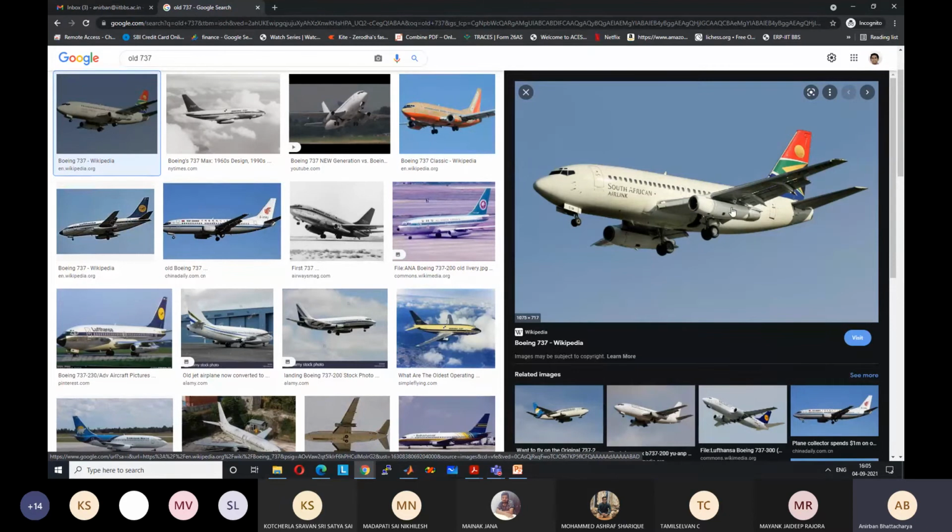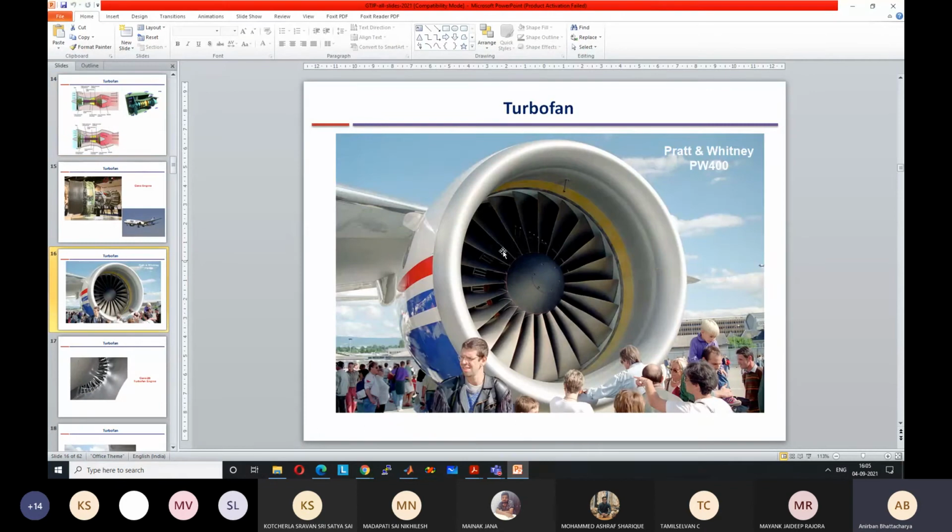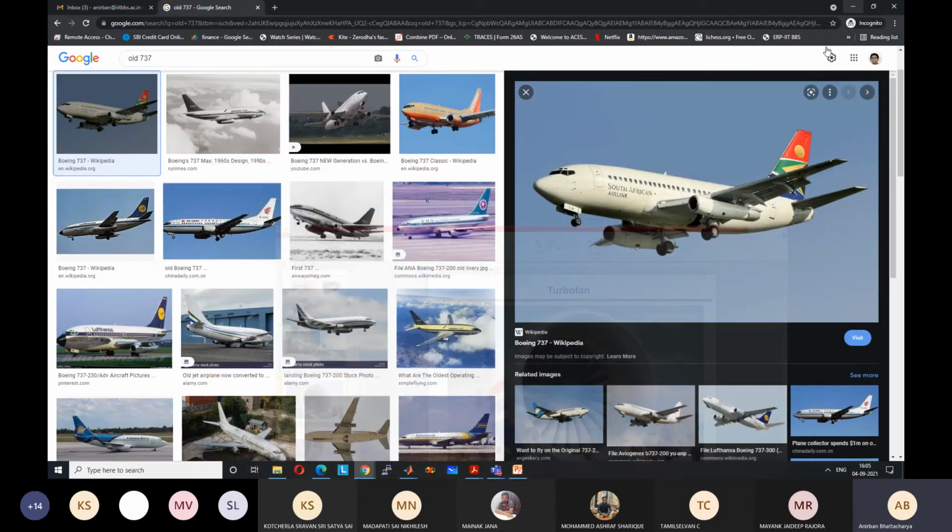As compared to say this picture, where it is very large in size. So when they tried to change the engine, there was not much space below the aircraft wing to change the engine to turbofan, because turbofan cross-sectional area will be much larger. So what they did was that they moved the engine forward.